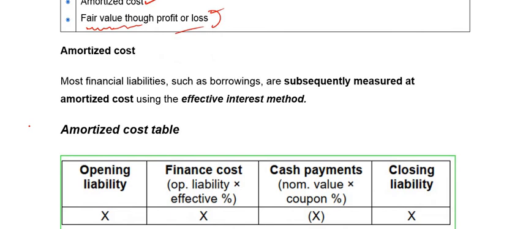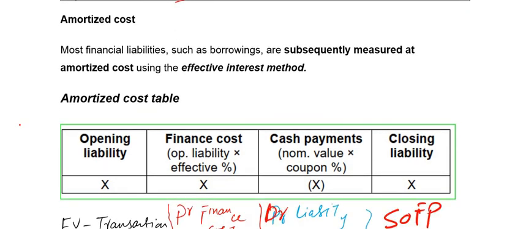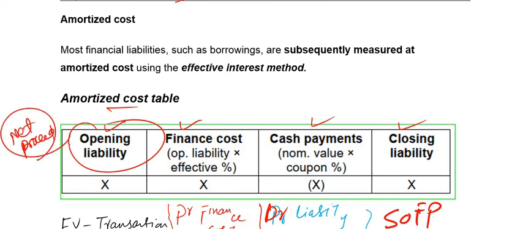Now at amortized cost, you will have some amortized cost table, and in this table you will have opening liability, finance cost, cash payment, and closing liability. This opening liability should be net proceed. What does it mean, net proceed? It means that you have to deduct the transaction costs.